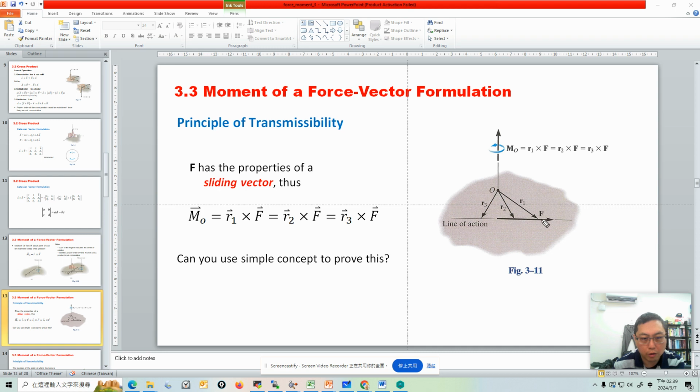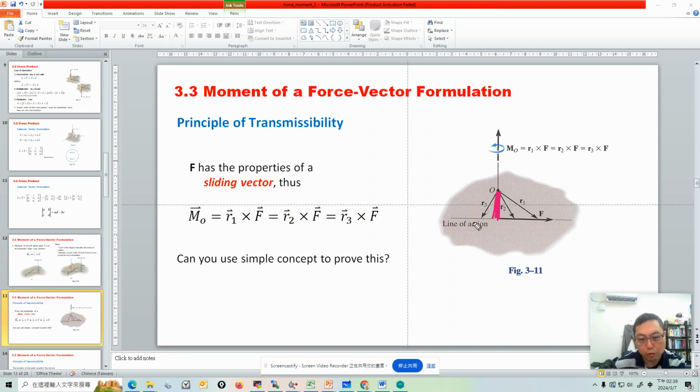For r1, the moment arm is here. For the r2 vector, you will see the moment arm seems to be here as well. For the r3 vector, the moment arm is still here.